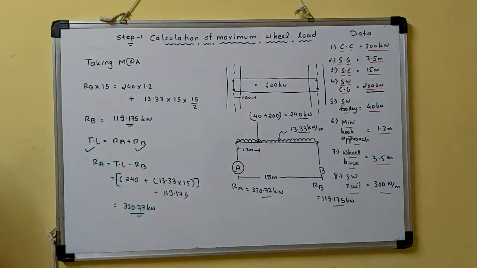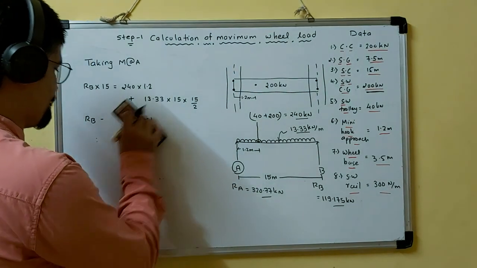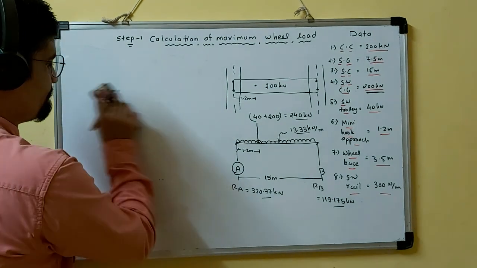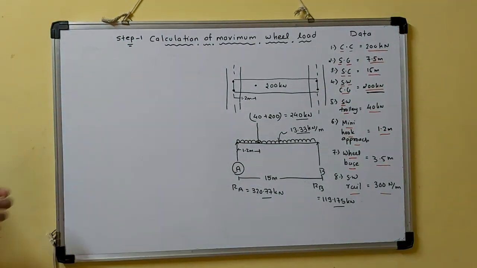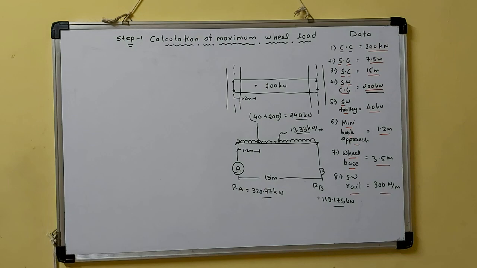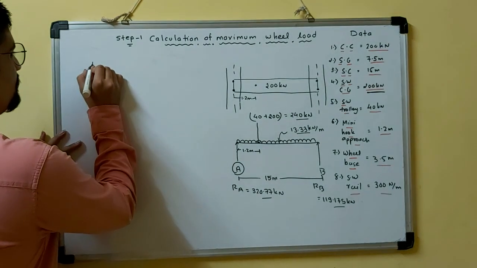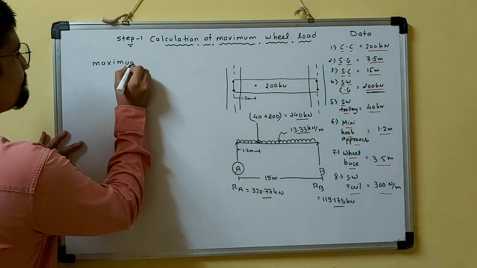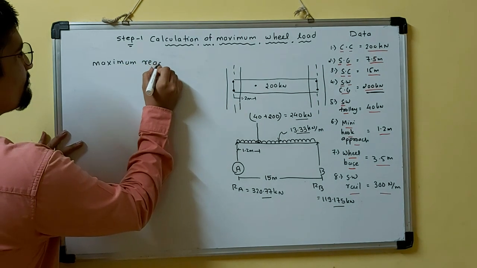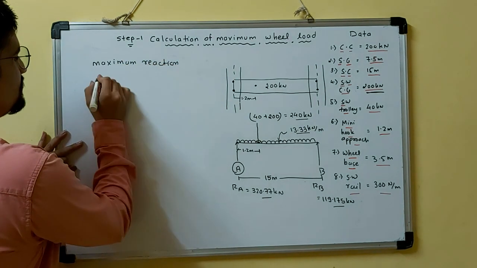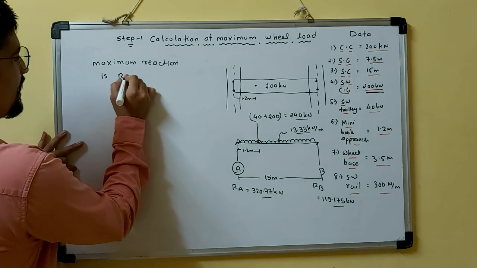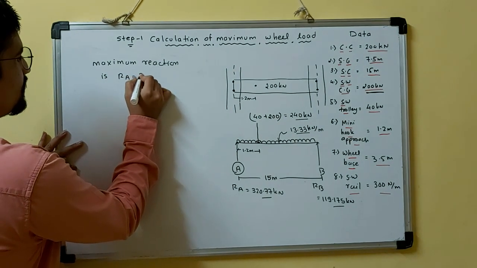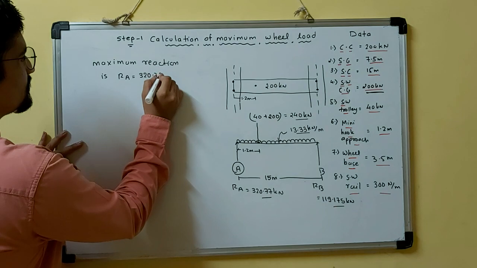Now here the maximum reaction is RA, equal to 320.77 kilonewton.